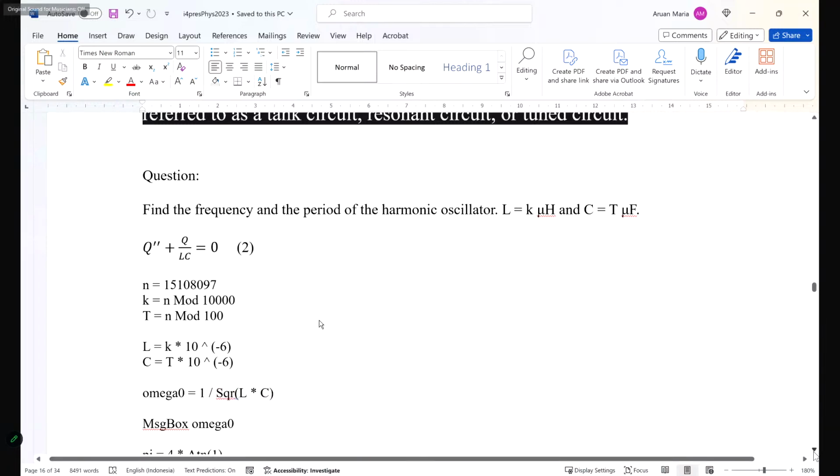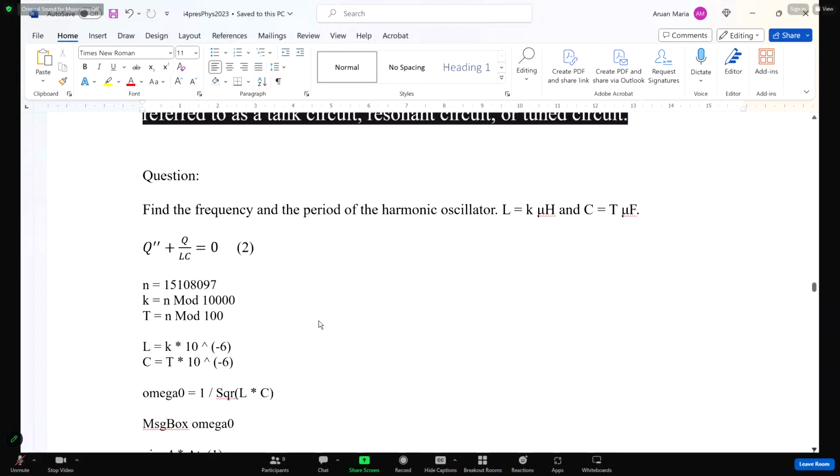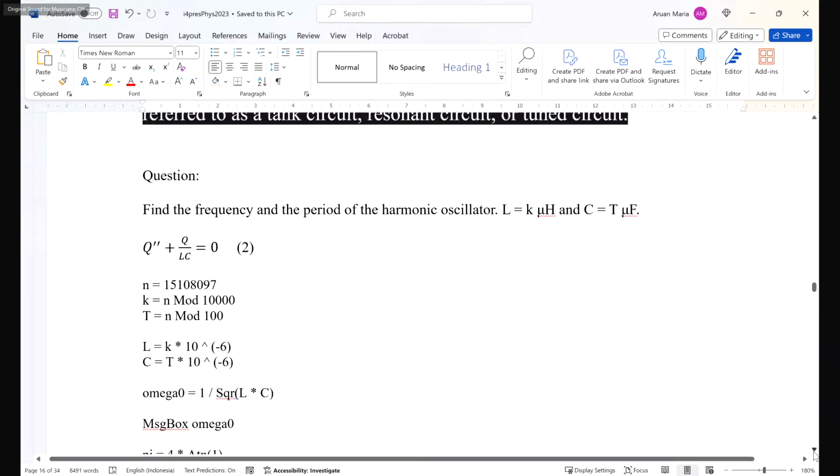Remember, for the pendulum, it was square root of G over L, and for the harmonic oscillator on the spring, it was square root of K over M. Yeah, in this case, it's 1 over square root of L times C, where L is inductance and C is capacitance. Okay.